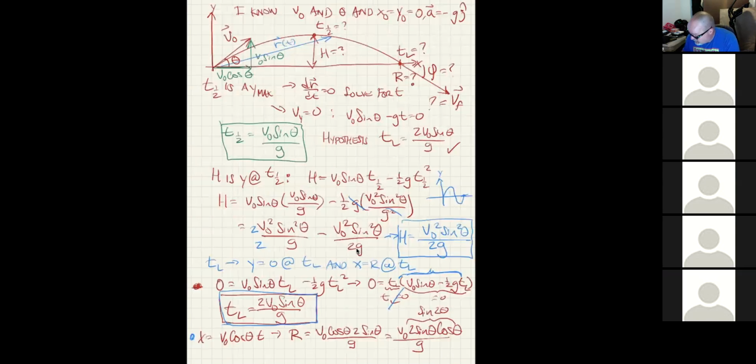So that's me plugging in TL right here. And you get 2 V0 sine theta. That's 2 sine theta, there's my V0, and there's my G. Does that make sense now? Gotcha. It makes a little more sense. Thank you. Yeah, good questions.